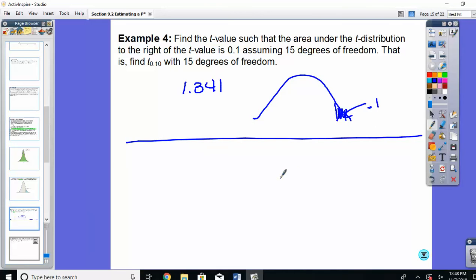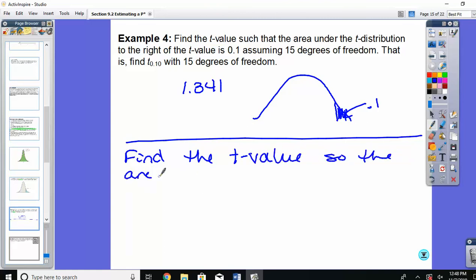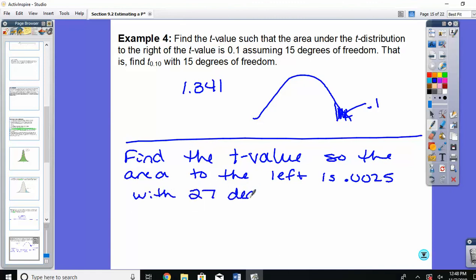Now, what if I said, find the t-value such that the area to the left is 0.0025 with 27 degrees of freedom.